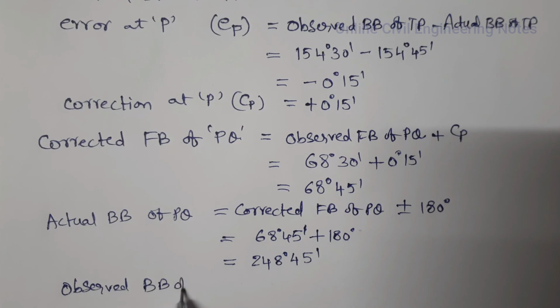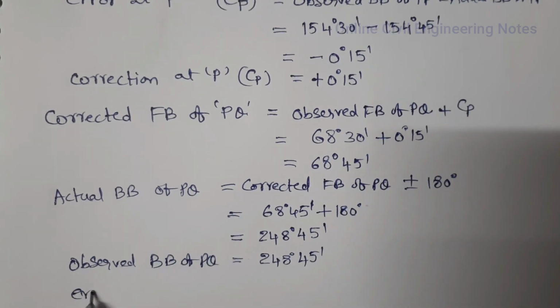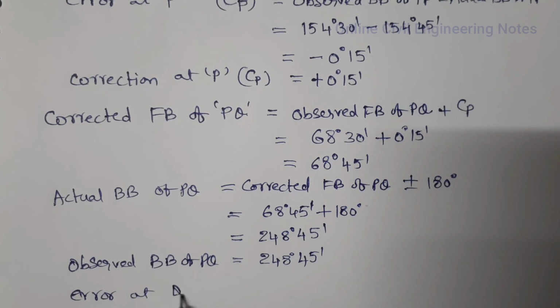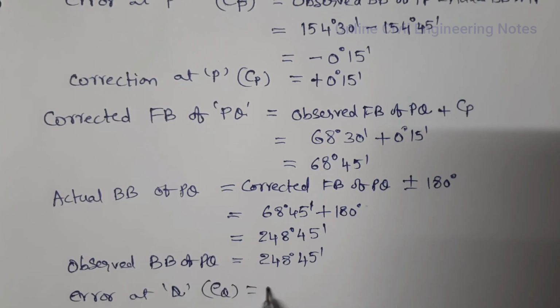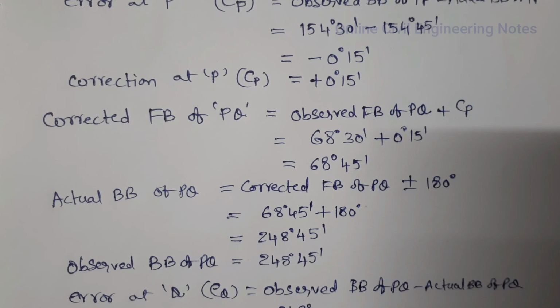Observed back bearing of PQ is equal to 248 degrees 45 minutes. Error at Q point, EQ, is equal to observed back bearing of PQ minus actual back bearing of PQ, which is equal to 248 degrees 45 minutes minus 248 degrees 45 minutes, which is equal to 0. This means there is no error at Q point.